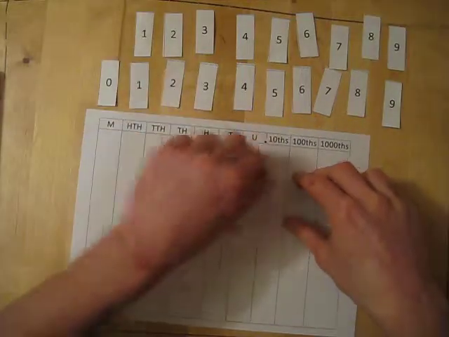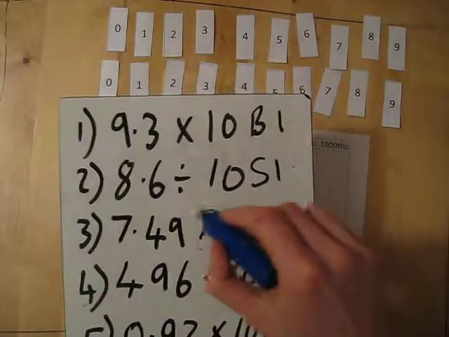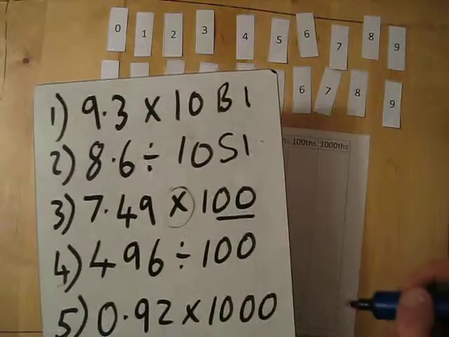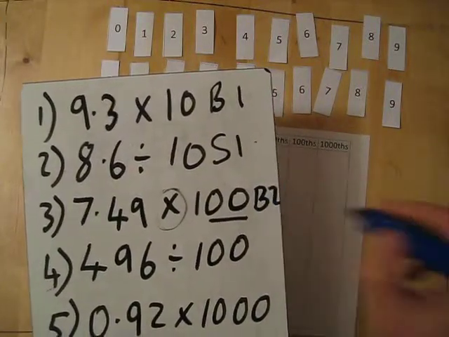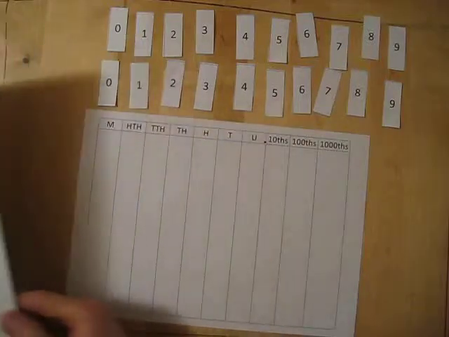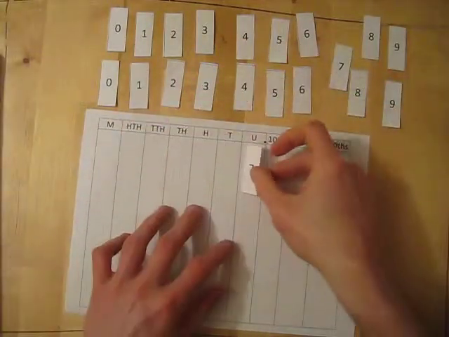So let's try another one. We'll pick up the pace a little bit with it. So again, 7.49 times 100, so I know it's going to get bigger by 2 places this time because there are 2 zeros in 100, so bigger by 2. So I'll put 7.49 onto my place value chart.